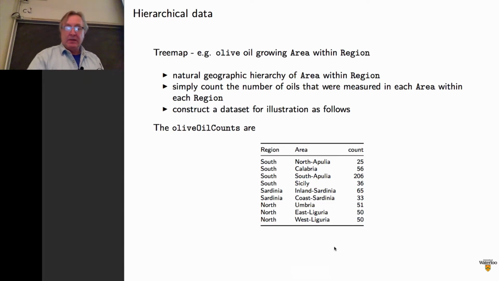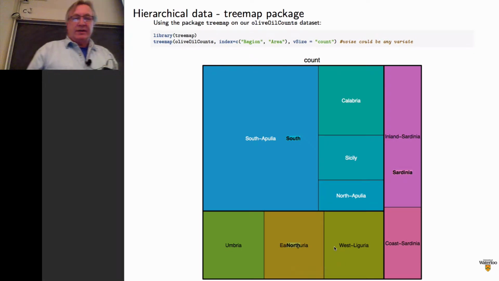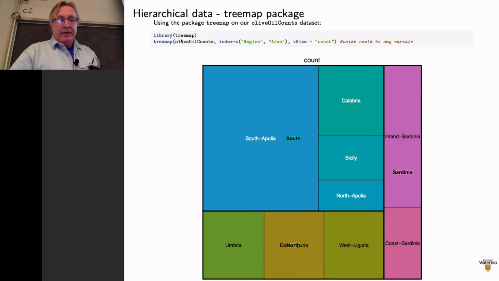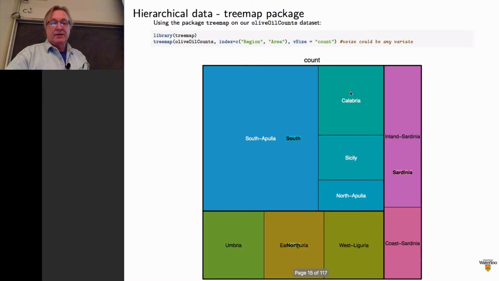There's a package called Treemap. There are lots of packages, as you might guess, in R that do the same sort of thing, but here's one that's called Treemap. I take these olive oil counts, that data set I've got. Index is going to be region, area, and the size that I want is the count. That's where I'm getting the size of these areas.